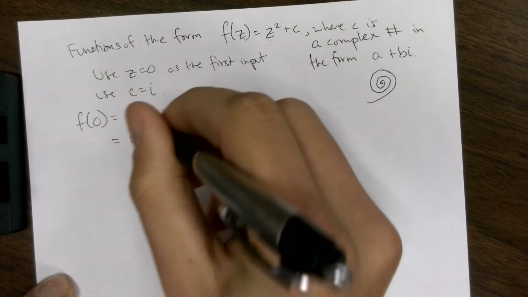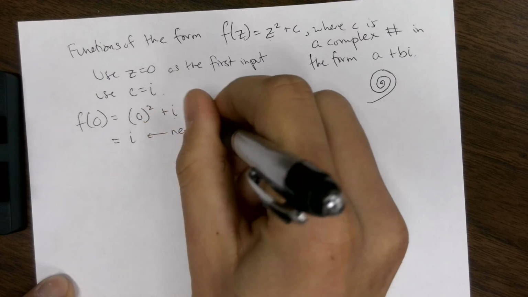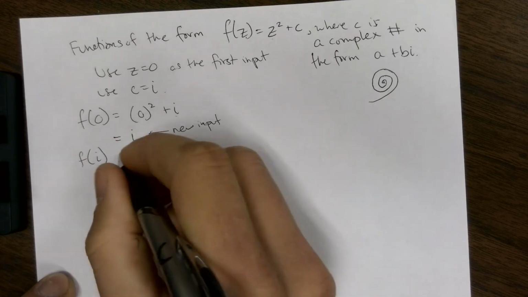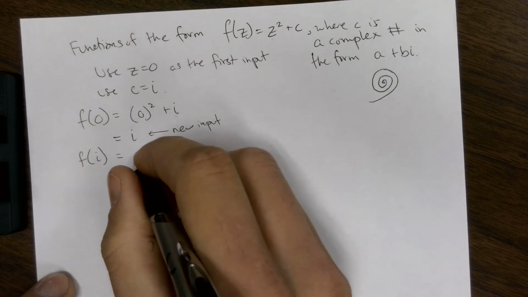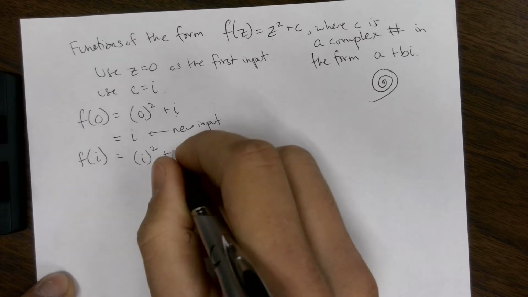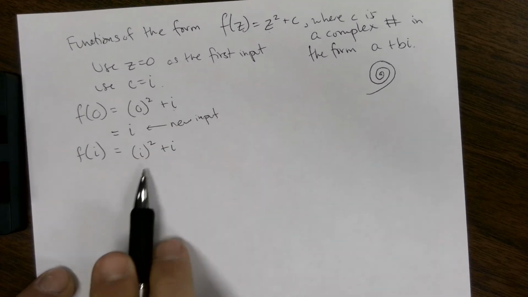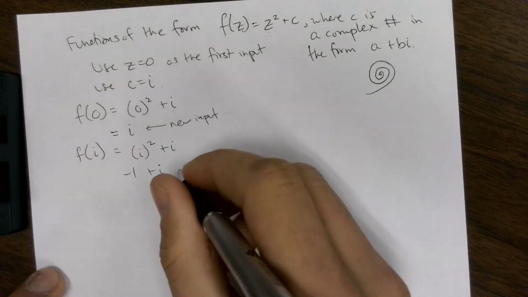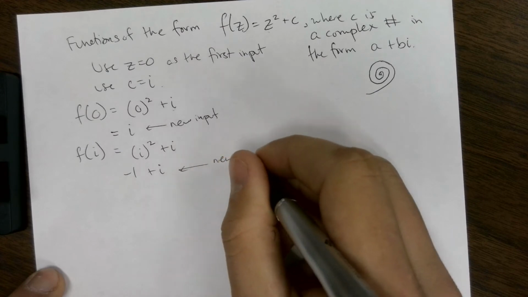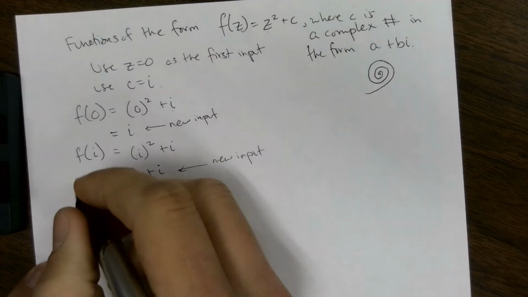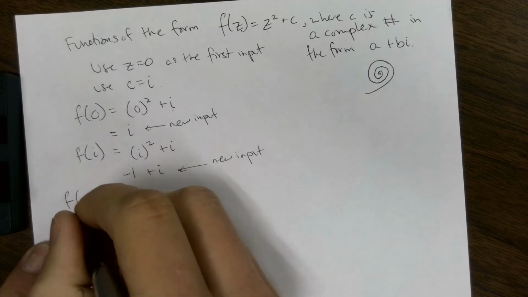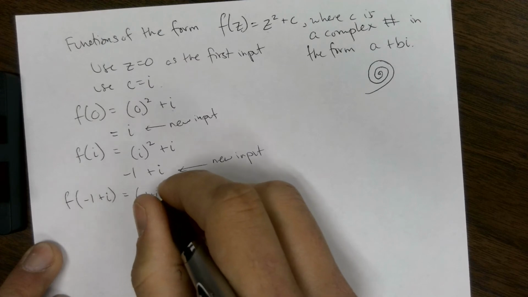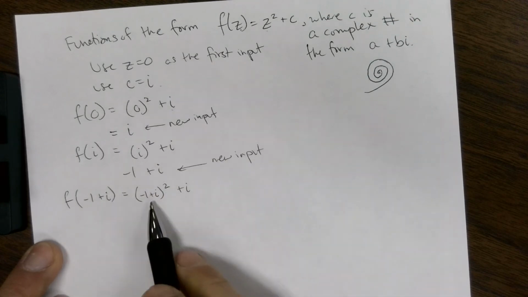This is now going to be my new input. So step 2, this is my new input. So f of i. I'm going to put i in the place of z. And when I compute this, i squared is -1 plus i. So this is now my new input. I'm going to put f of -1 plus i into the function. (-1 plus i) squared plus i.